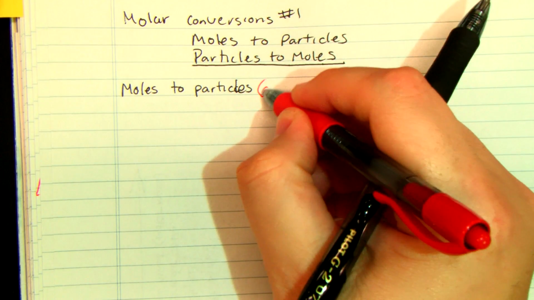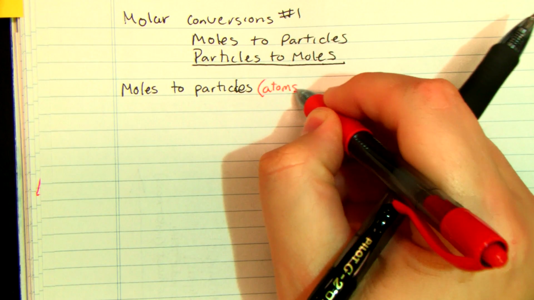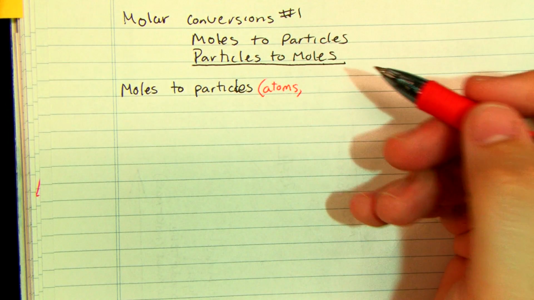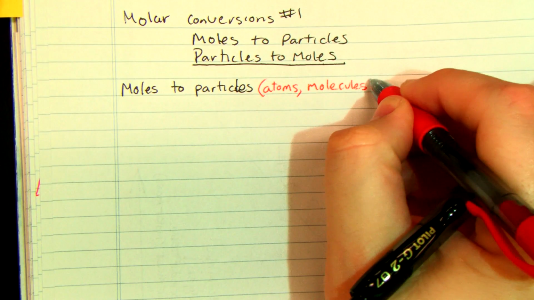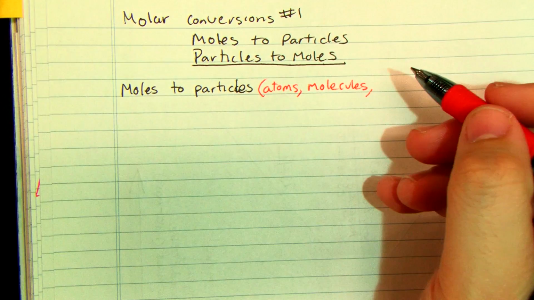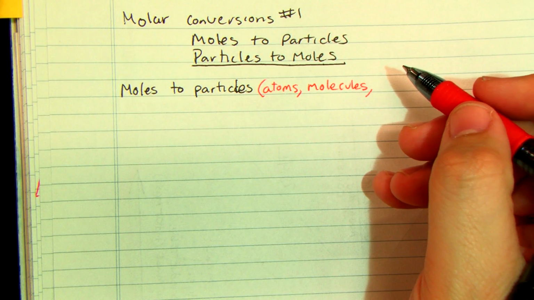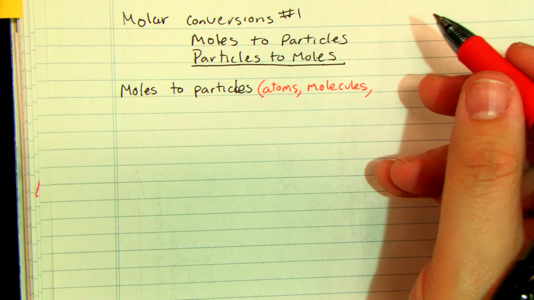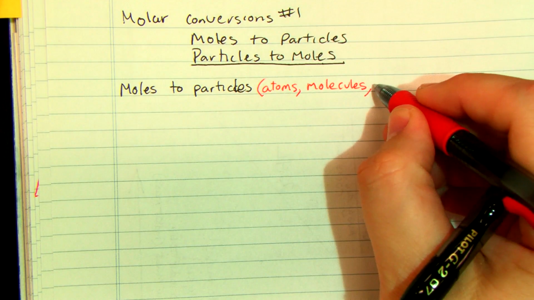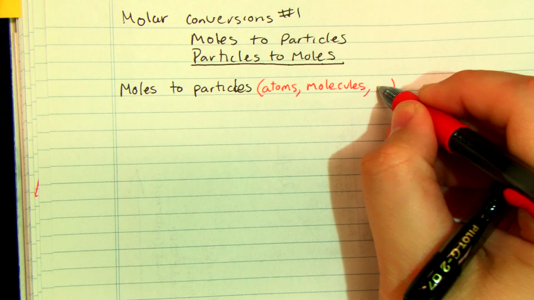This could be atoms. Generally speaking, you're going to see atoms, you're going to see molecules. But any type of particle that we're dealing with that isn't a mass, that isn't a volume, that's what we're going to be dealing with. So I'm just going to put dot, dot, dot.